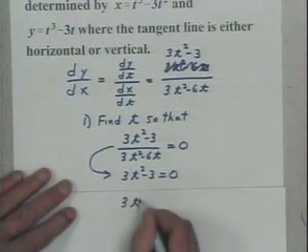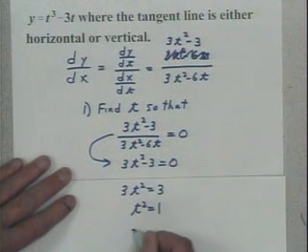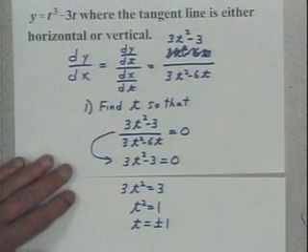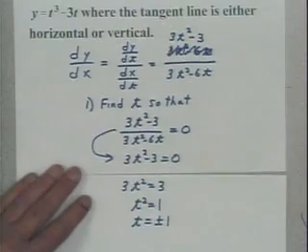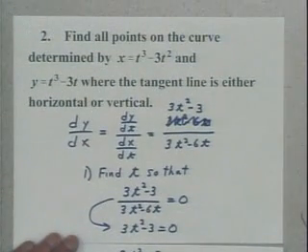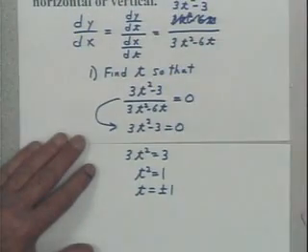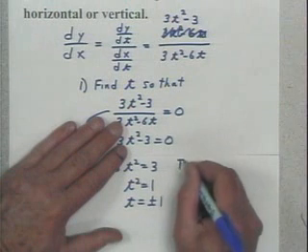We went 3t squared equals 3, and then t squared equals 1, so t is plus or minus 1. So, don't forget to answer the question, though. What was the question? Find all what? Points. I only found the t value, so now what do I have to do? Plug those numbers in and see what the points are.